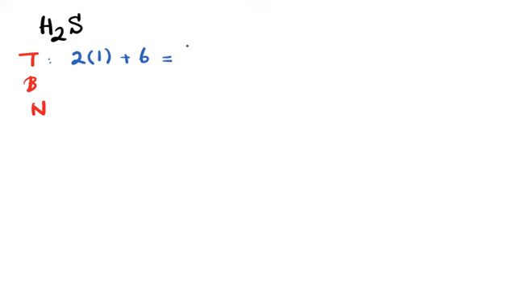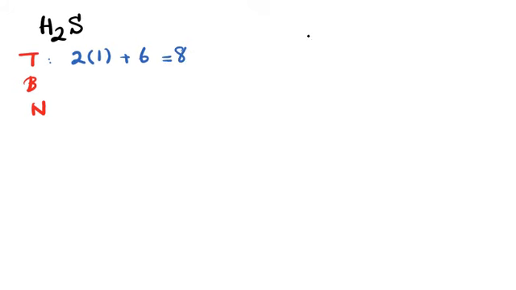Let me work on one a little bit different from these examples. I'm going to focus on H2S. Let me write TBN. The number of valence electrons for hydrogen is 1. We have 2 hydrogens plus 6 for sulfur, so we have 8 in total.